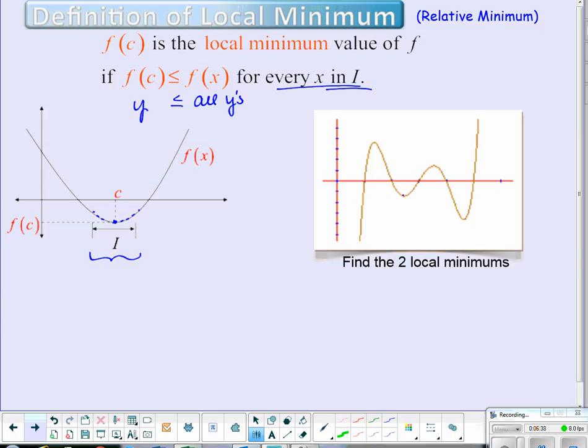Over here on the screen on the right, I pick up two local mins. I'll just call them C and D, because in the region surrounding them, they are the lowest y values.